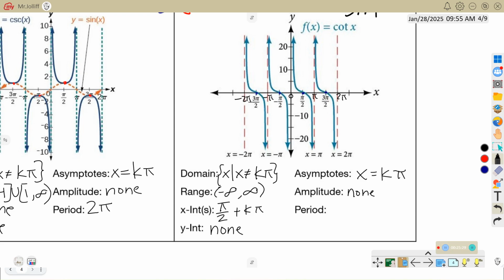That's the question. How often does he repeat? How far apart are his zeros? Pi. Just like his friend tangent, he's repeating every pi.